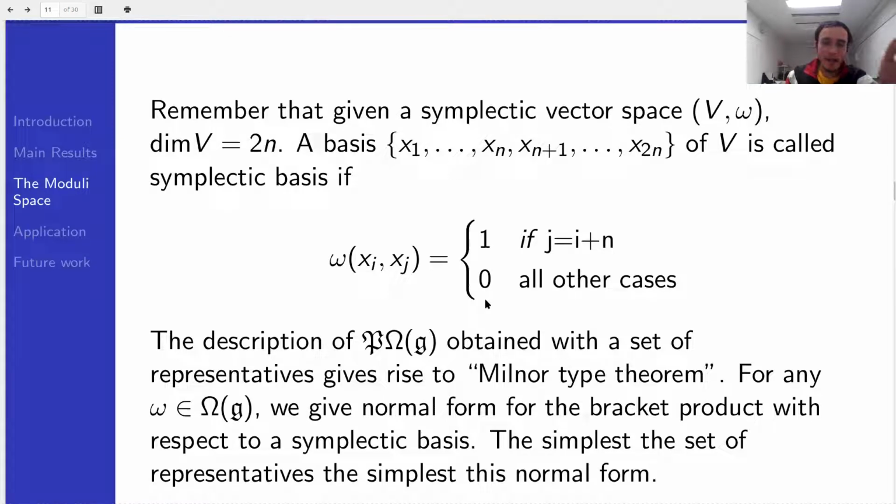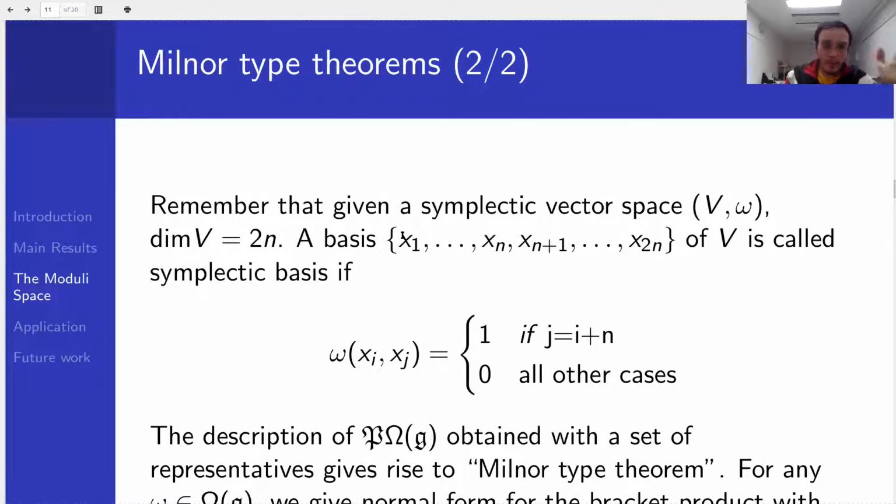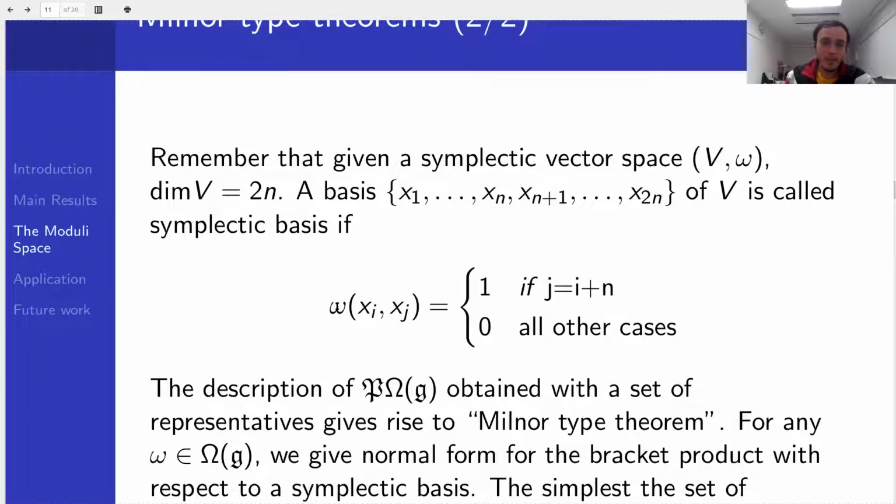Later I will explain a concrete case so that you can see more concretely what I mean by these definitions. So by Milnor type theorems, in my case, I mean, well, first just to remember, if we have a symplectic vector space, a basis is called symplectic if, with respect to the two form, we have this. So the usual.